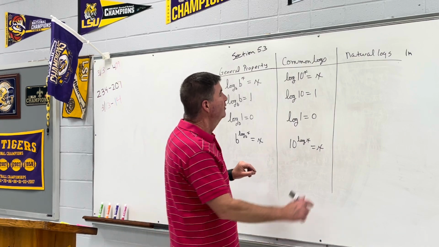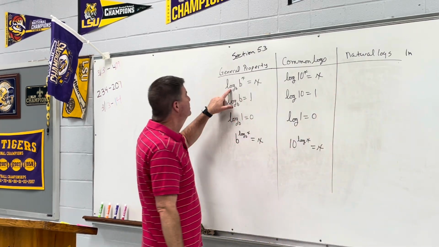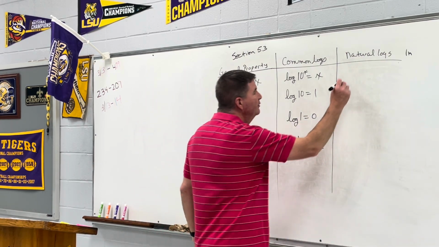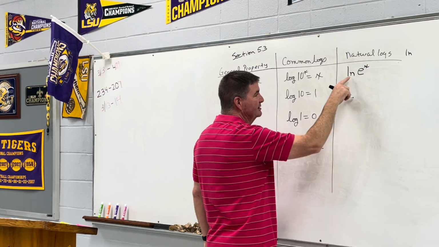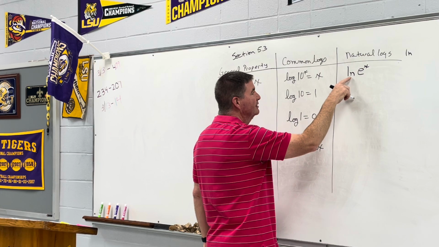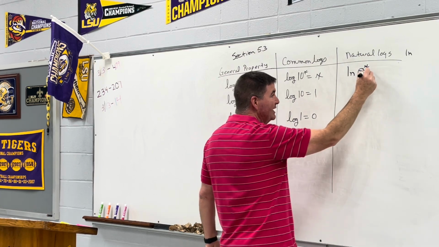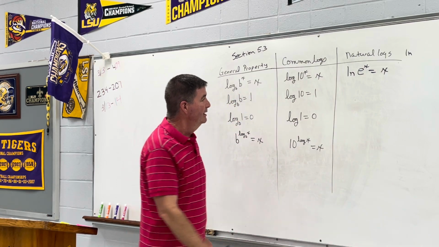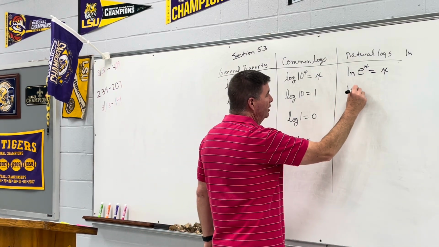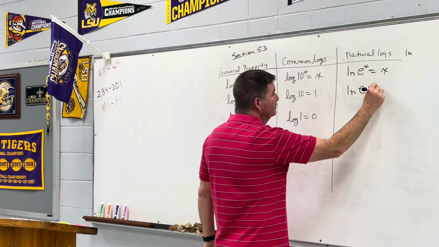So these natural logs with the general properties would be natural log of e to the x, since natural log is log base e. Natural log of e to the x is x. The second one, natural log of e equals 1.